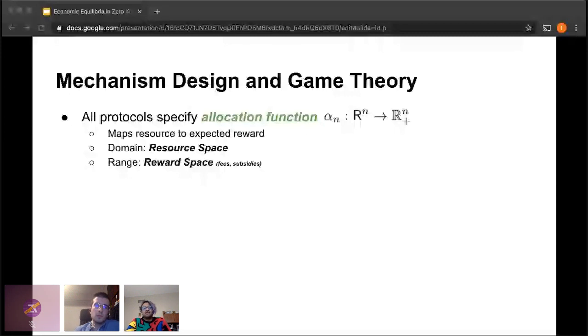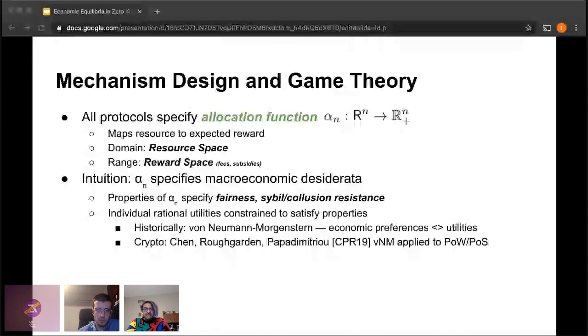And so the idea here is that you bake in all the properties you want into your allocation function, and then you try to say, okay, does this function represent all of the economic properties that I'm looking for? And the intuition is that at some high level, alpha encodes all of the macroeconomic desiderata that you're looking for. For instance, it should be encoding this notion of fairness or the notion of Sybil resistance.